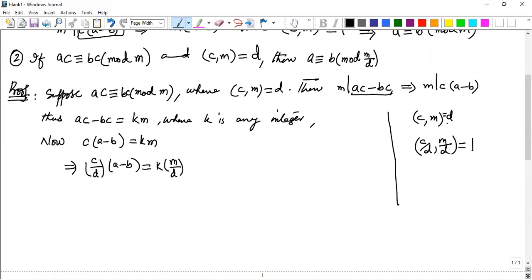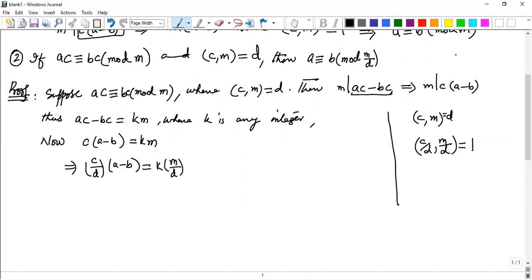Because the greatest common divisor of C and M is D, if we divide both of them by D, then the greatest common divisor of C by D and M by D will be 1 only.